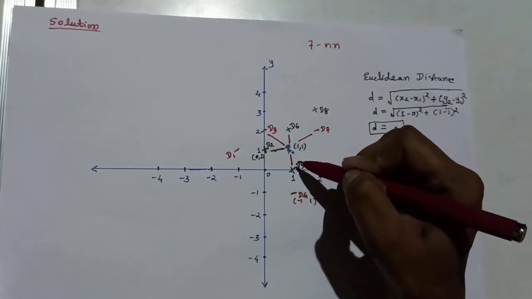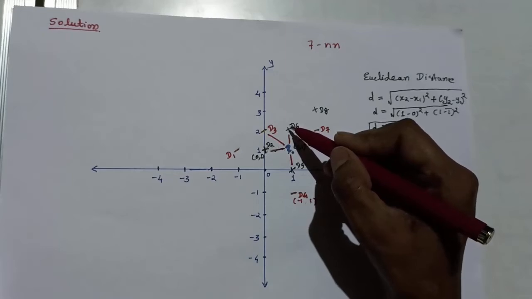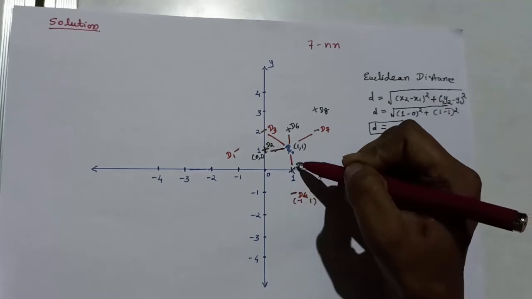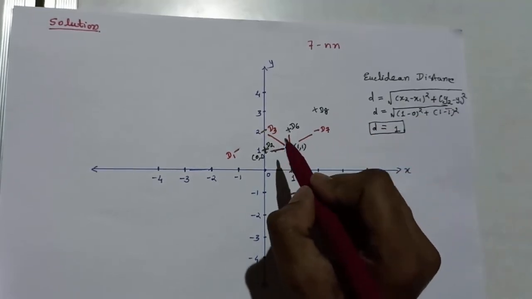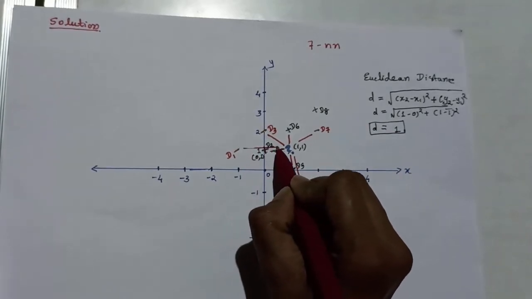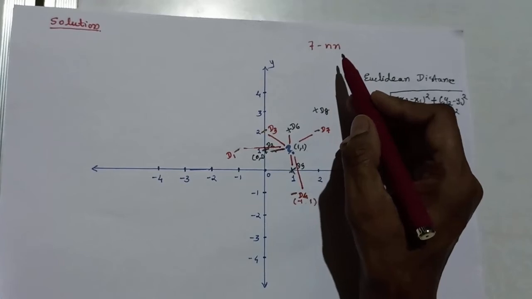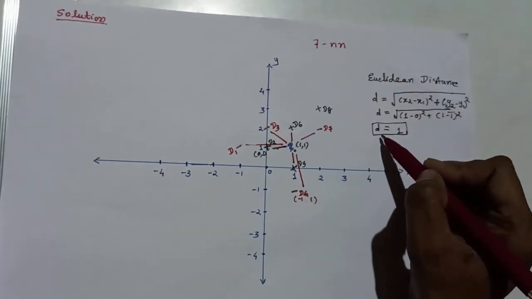So 1, 2, 3, 4, 5, then this is also nearest, 6, and this will also be nearest, that is 7.